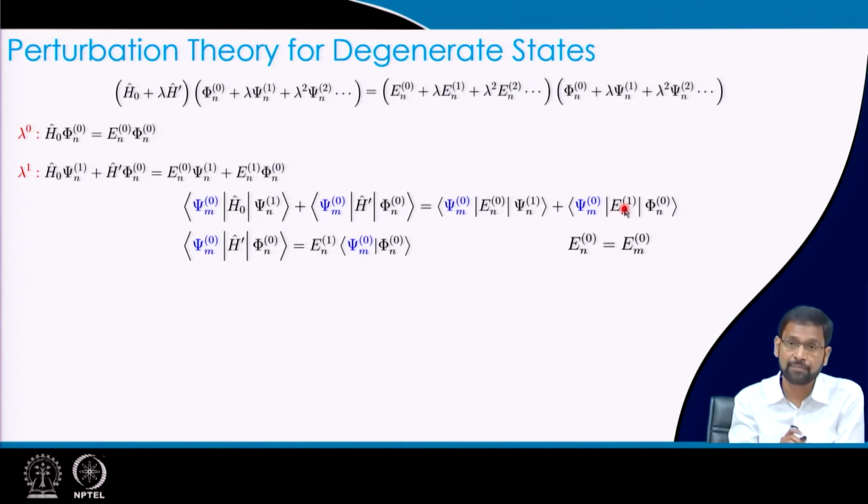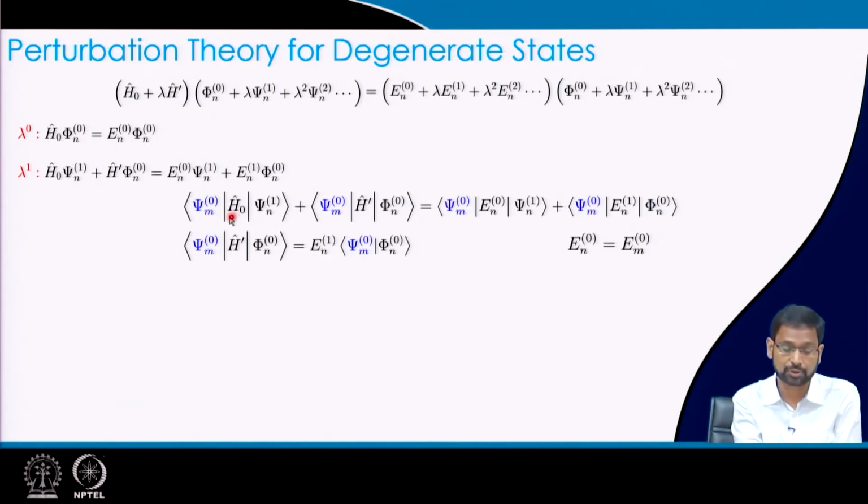So m is one of these degenerate states such that En0, the state of our interest, is equal to Em0. So psi m is one of these degenerate functions, nothing else. Now when I evaluate this, let us look at the terms. The first term on the left hand side has the unperturbed Hamiltonian as the operator.